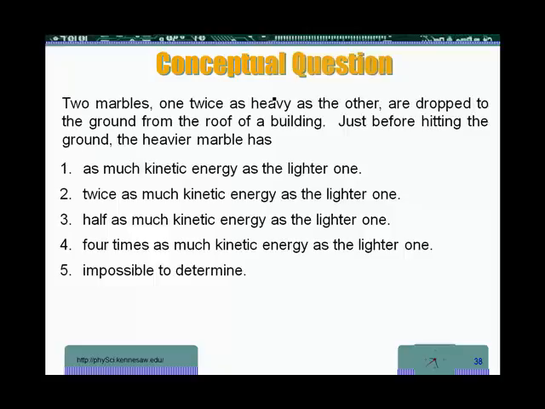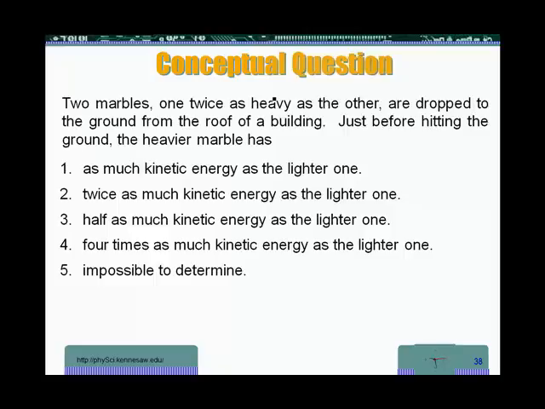Okay, another question. We have two marbles, one twice as heavy as the other. They are dropped to the ground from the roof of a building. Just before hitting the ground, the heavier marble has as much kinetic energy as the lighter one, twice as much kinetic energy as the lighter one, half as much, 4 times as much, or impossible to determine. Now the thing that we know, without air resistance, both marbles are going to have the same speed.